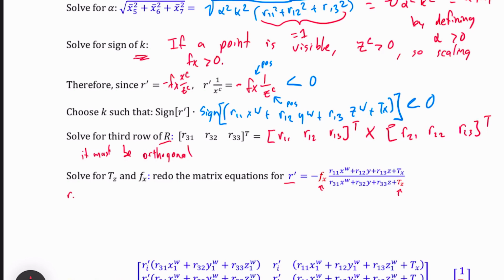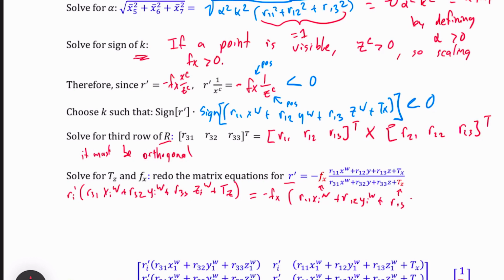So I know that ri prime times this quantity r31 xi world plus r32 yi world plus r33 zi world plus tz is equal to negative fx times r11 xi world plus r12 yi world plus r13 zi world plus tx.